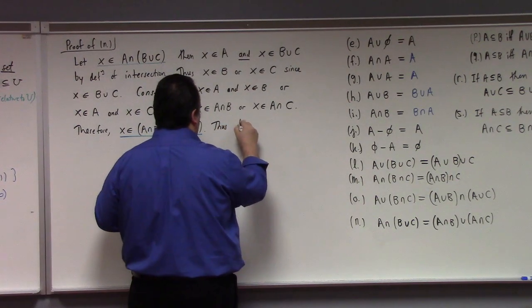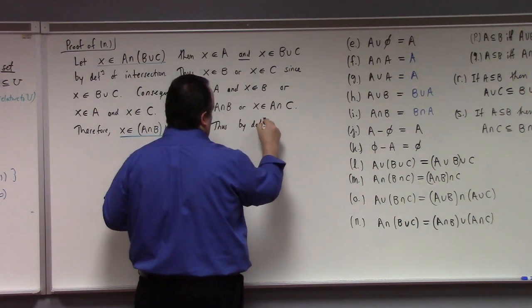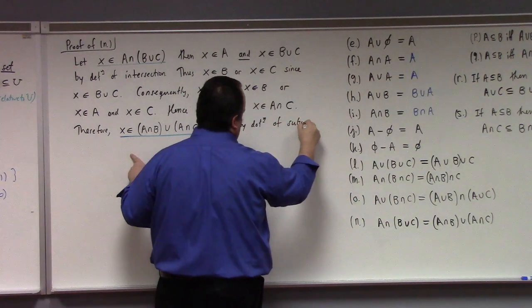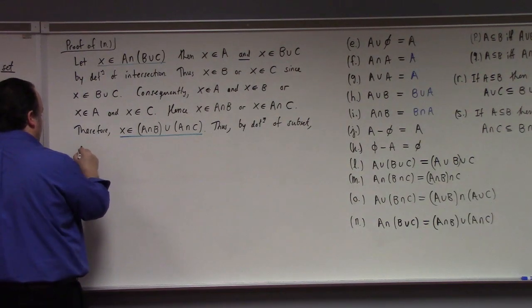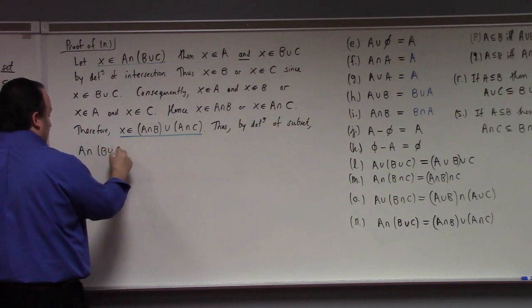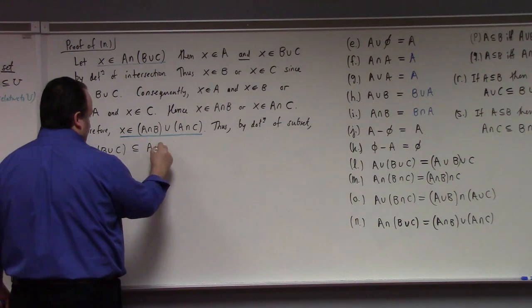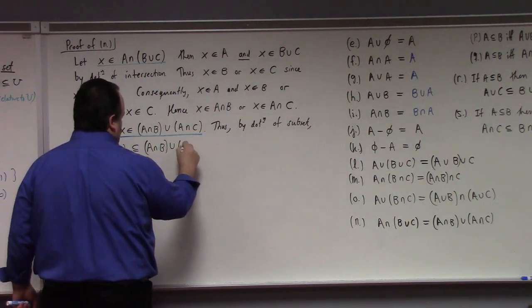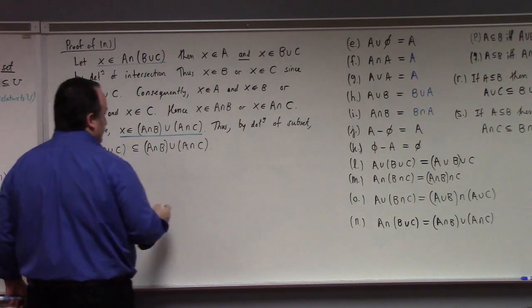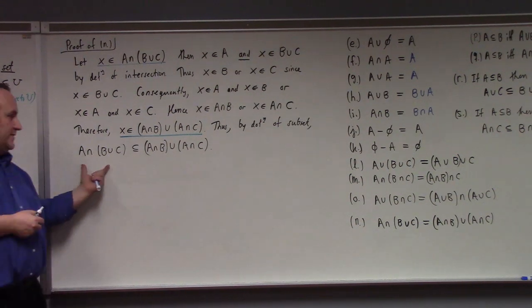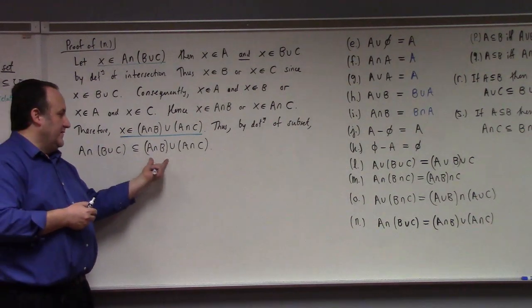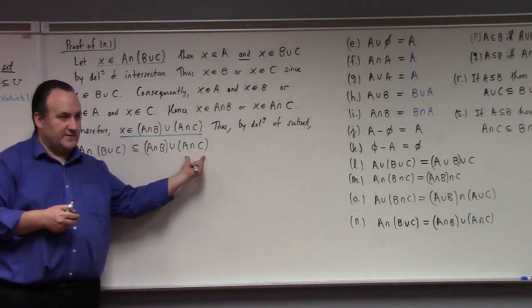By definition of subset, we have that A intersect B union C is a subset of A intersect B unioned with A intersect C. Because we took an arbitrary point in the intersection of A with B union C, and we showed that it's in fact in the union of the intersection of A with B and the intersection of A with C.